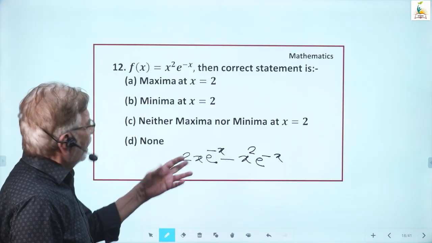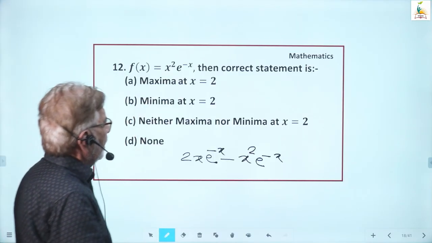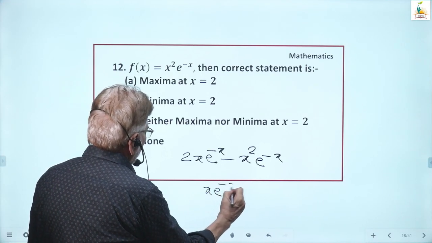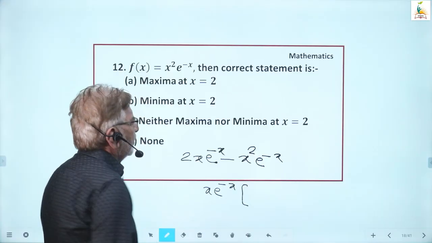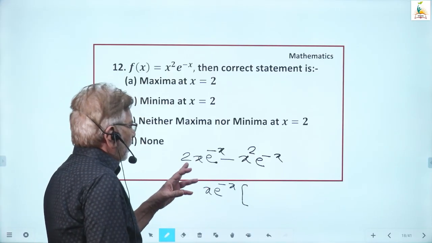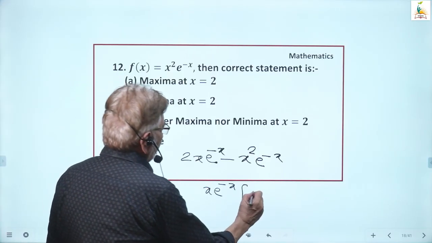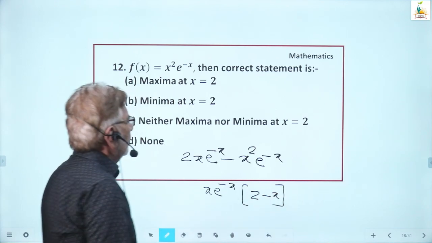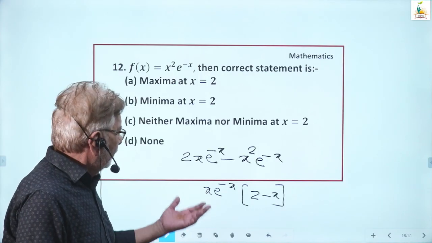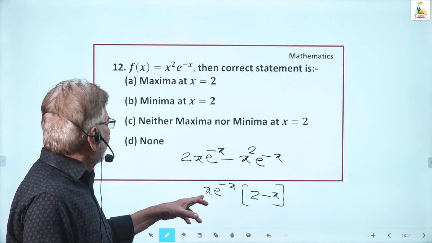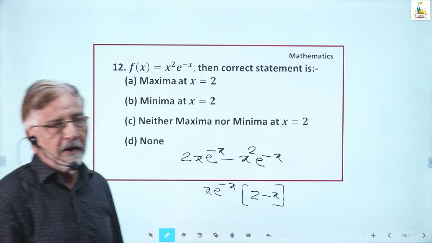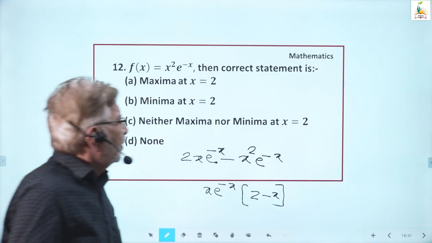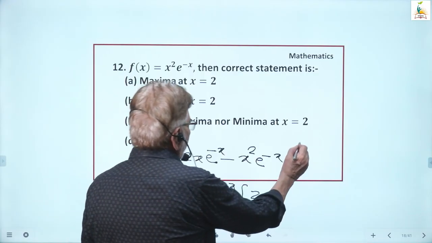If I take x e raised to minus x common, it will be 2 minus x. Now let's see where it will be 0, either at x equal to 0 or at x equal to 2. So stationary points will be 0 and 2.